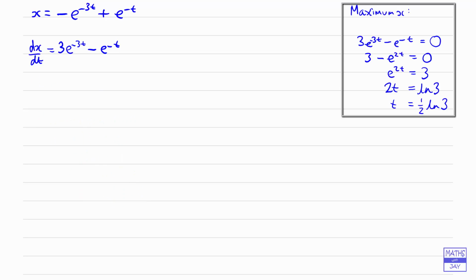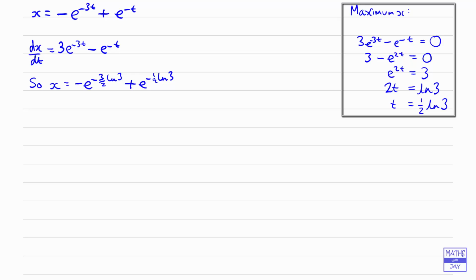So now we can substitute that value of t into x. So we get x is equal to minus e to the minus 3t, and t is a half log 3, and plus e to the minus t, so that's minus a half log 3.